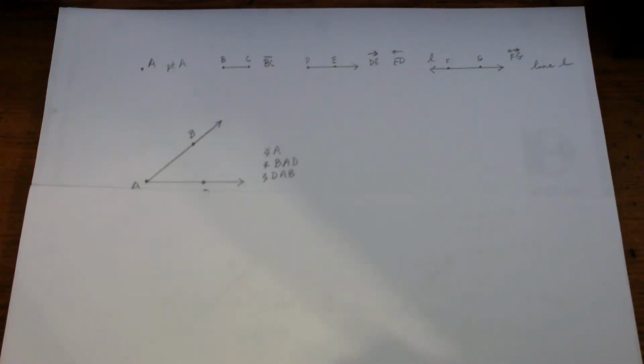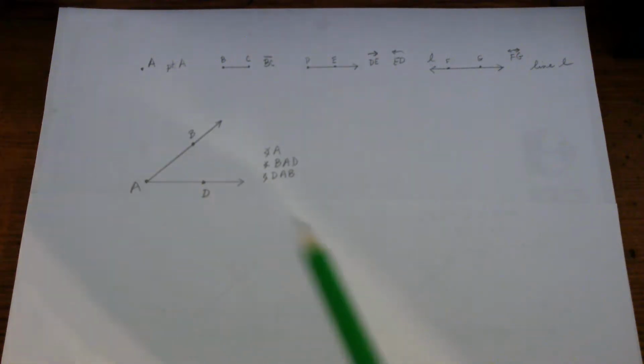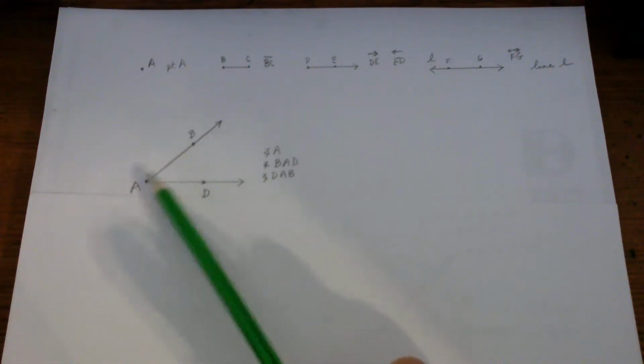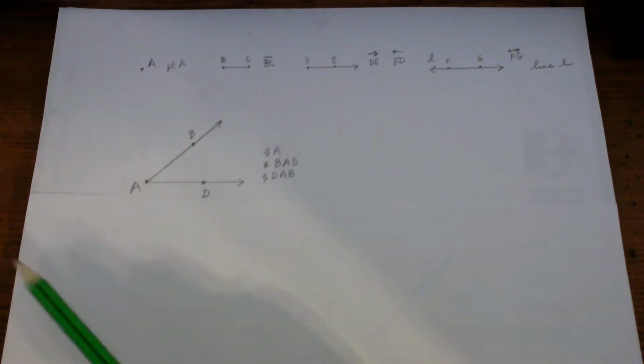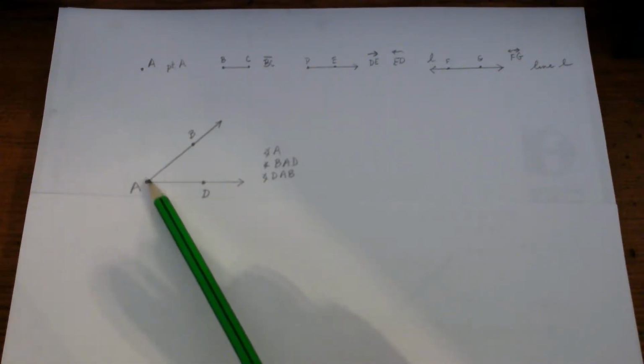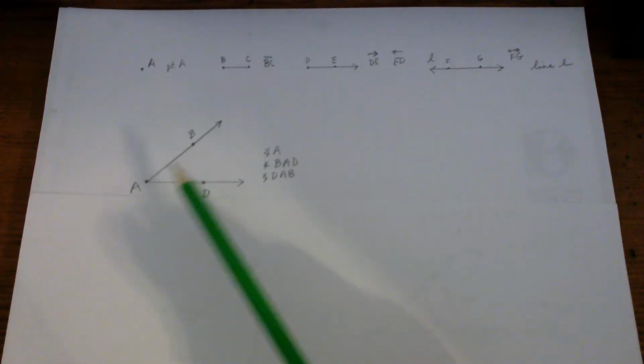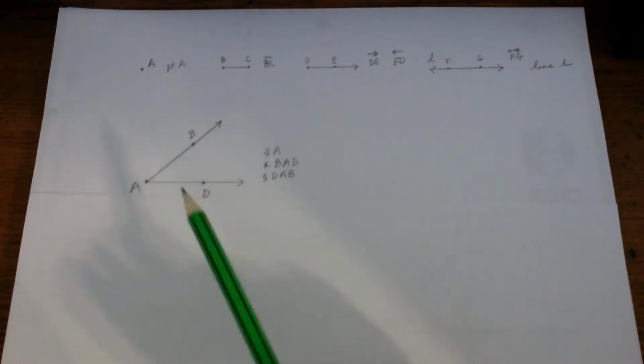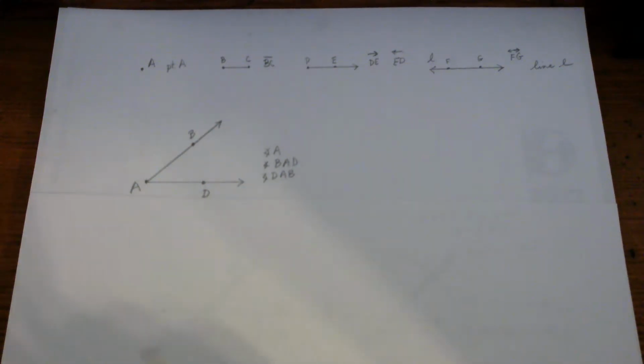I drew angle BAD. And there's three different ways to name an angle. An angle is the intersection of two rays with a common vertex. So the vertex here is point A. And we could name this angle, angle A. But we can also name angles with three letters.